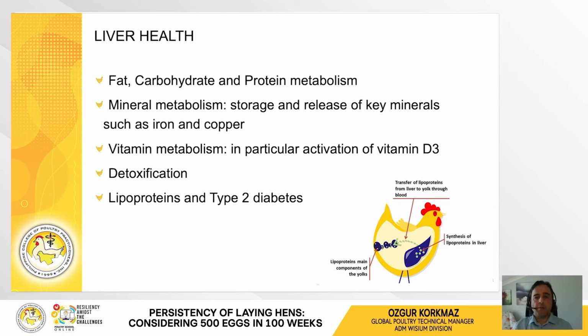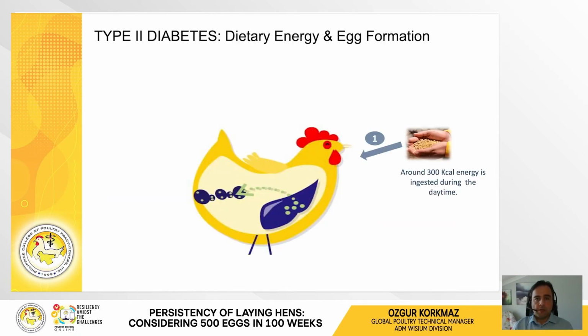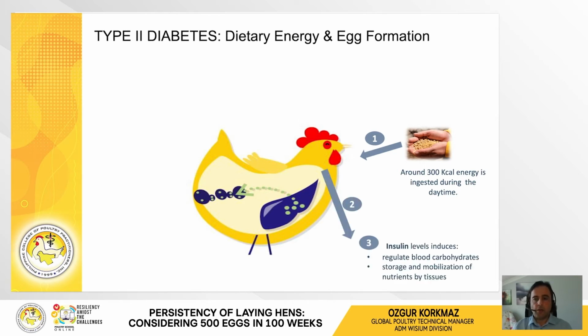Lipoproteins are produced by the liver, and we also need to check the situation of type 2 diabetes. Normally, for a hen, we give around 300 kilocalories to ingest during the daytime, and after those 300 kilocalories are ingested, insulin regulates blood carbohydrates, and the storage and mobilization of nutrients by the tissues.